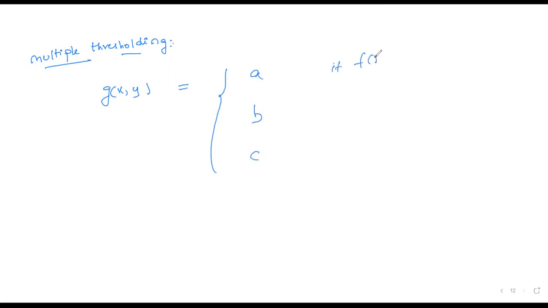If f of x comma y is greater than T2, one value; if f of x comma y is less than or equal to T1, another value. This is multiple thresholding.